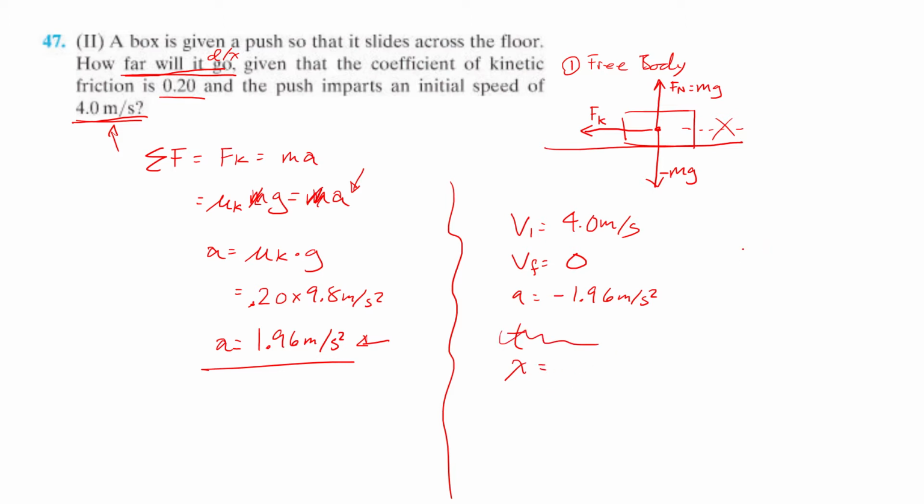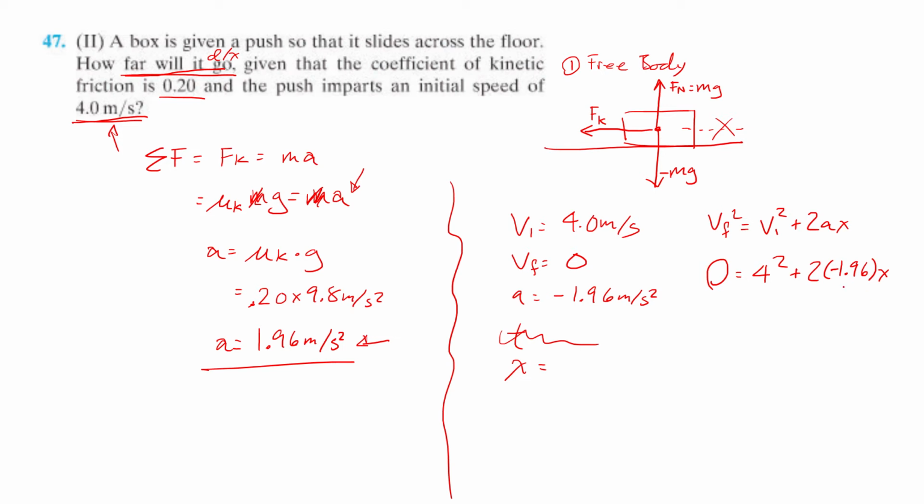For me, I feel like I want to do Vf squared is equal to V initial squared plus 2ax, right? V final is going to be 0. This is going to be 4 squared plus 2 times negative 1.96 x.